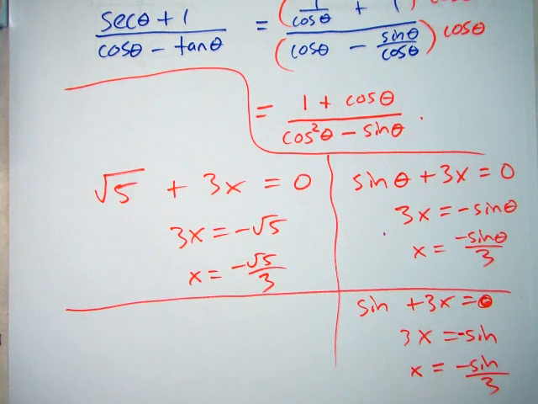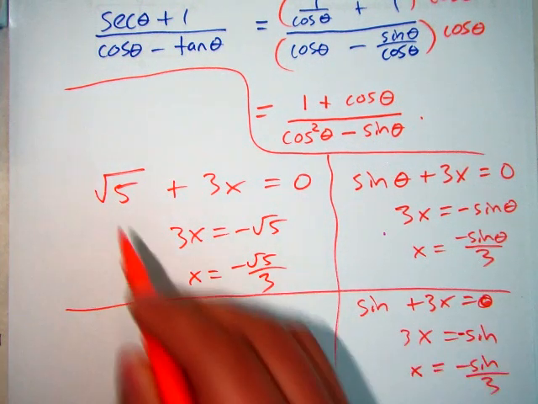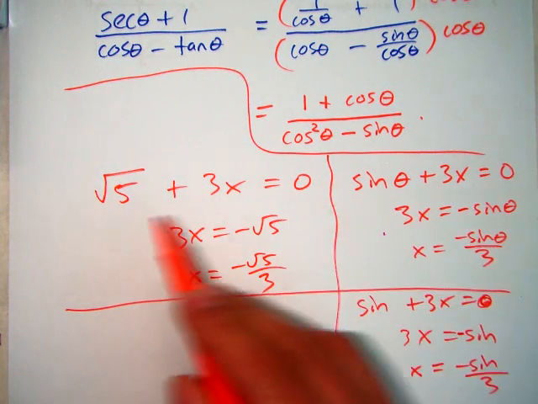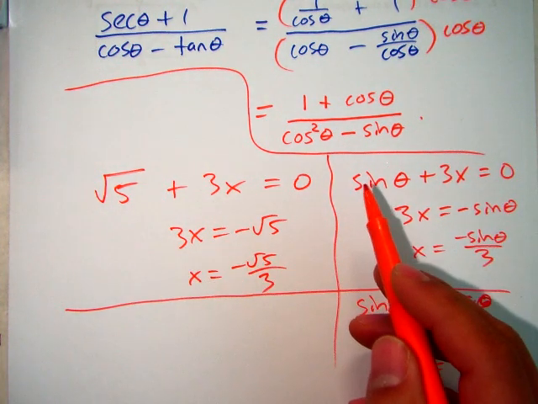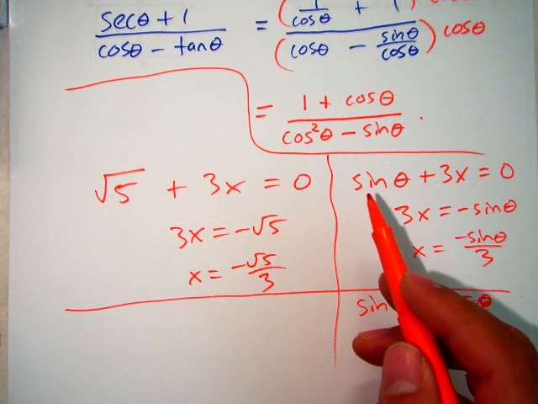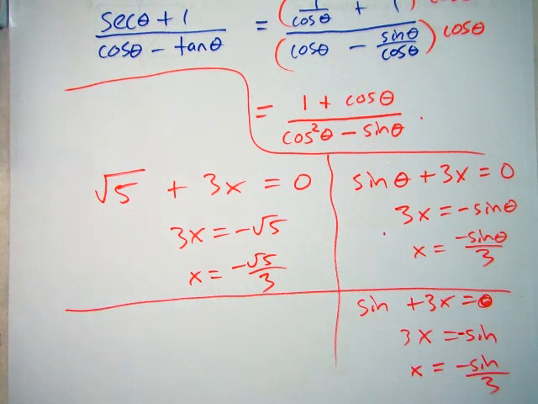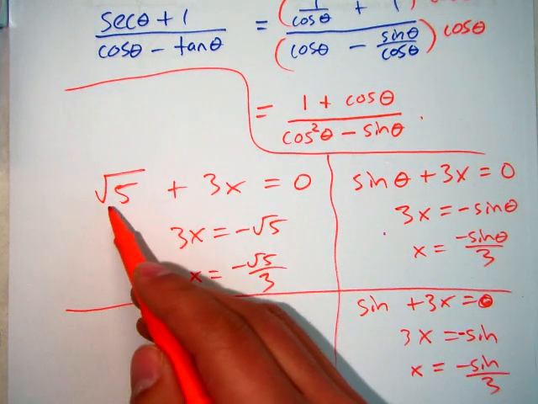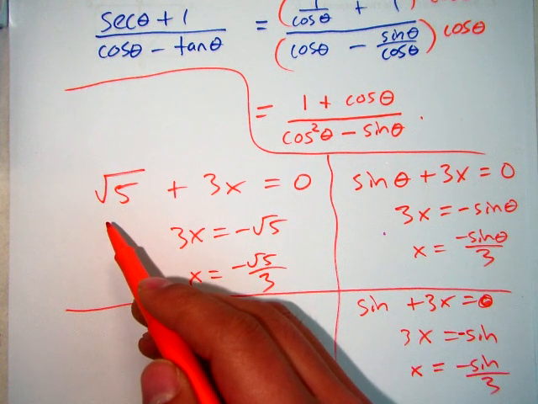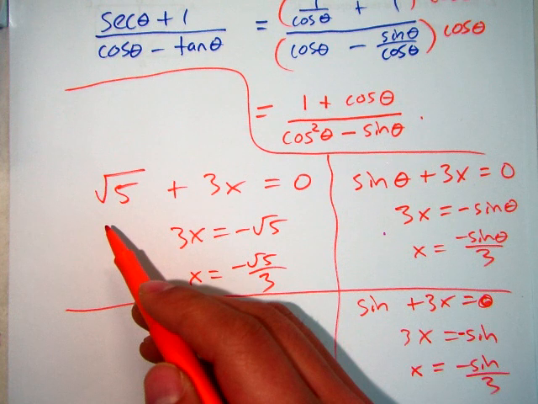Let's compare this to what this would look like over here. When you see sine of something, it's a universal language that tells you to think of the unit circle and find the y-coordinate. When you see a square root of something, that's a universal symbol that tells you to find a number times itself that gives you 5, or whatever the number is.